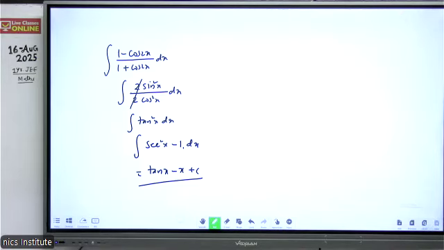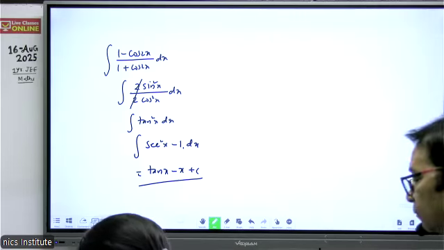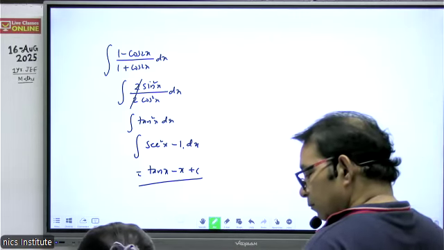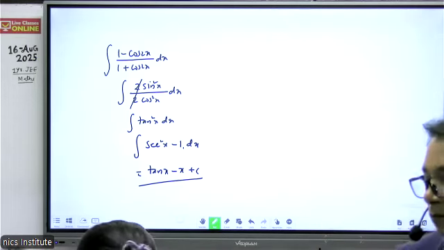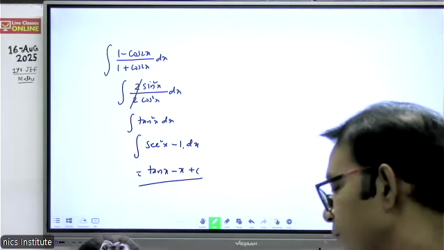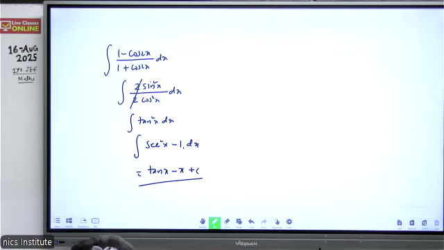इसमें वाली प्रॉपर्टी यूज करो. Sin square x is 1 minus cos square x, and factorize and one factor cuts.